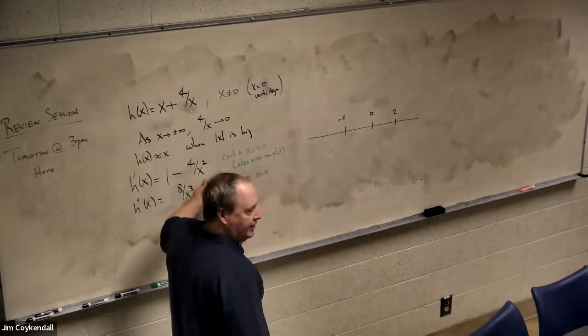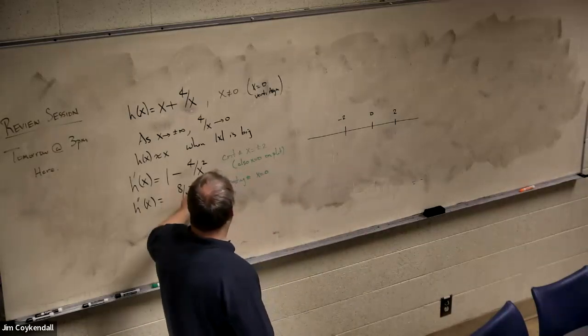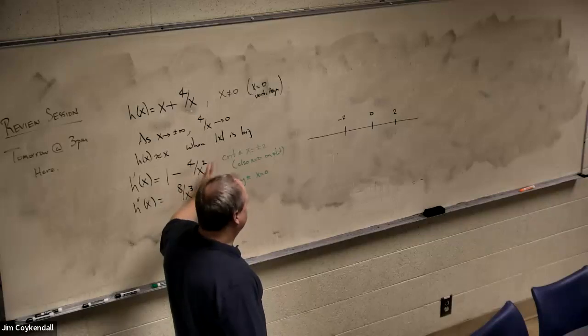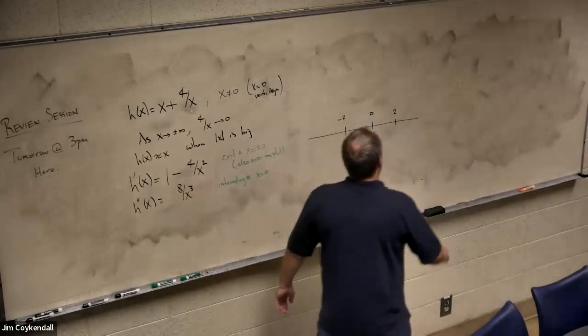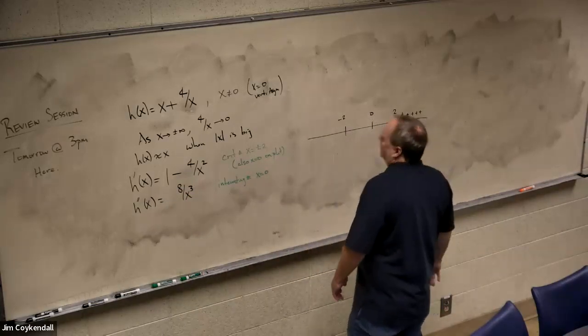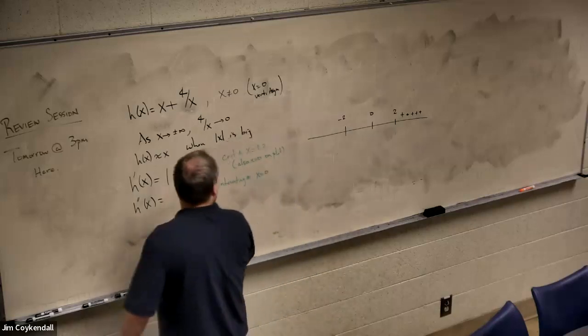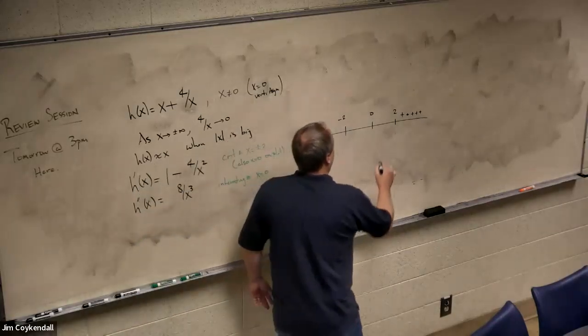Okay, this is my first derivative. What happens to this thing when x is very, very large, say bigger than 2, like 100? This is 1 minus a small number. What happens when x is between 0 and 2? Something like 1 minus a large number, negative.